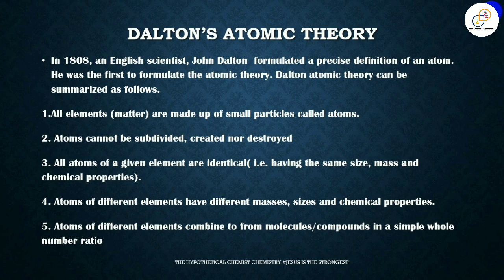And lastly, he said atoms of different elements combine to form molecules or compounds in a simple whole number ratio. So these 5 main points sum up what is termed John Dalton's atomic theory, or simply put, Dalton's atomic theory.